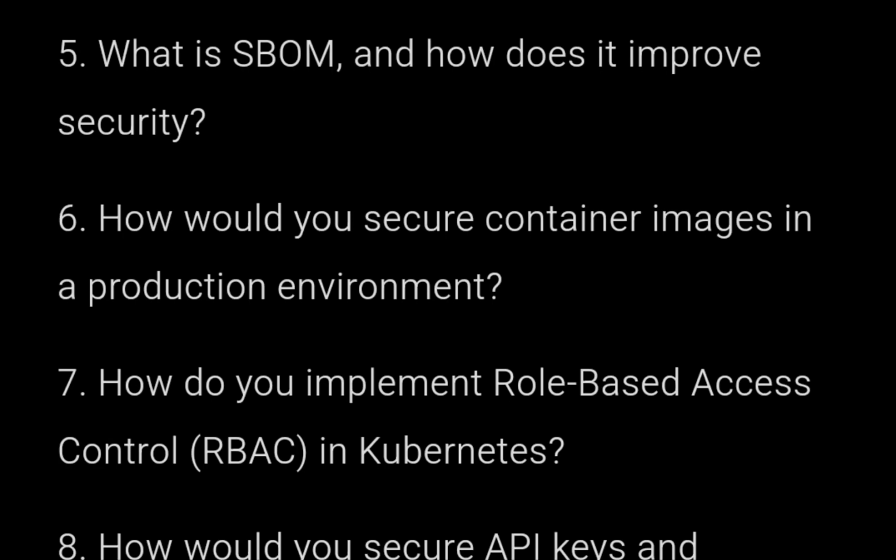And how do you implement role-based access controls in Kubernetes? RBAC is basically role-based access control. We can implement it by using roles and cluster roles that will define permissions for the specified resources.